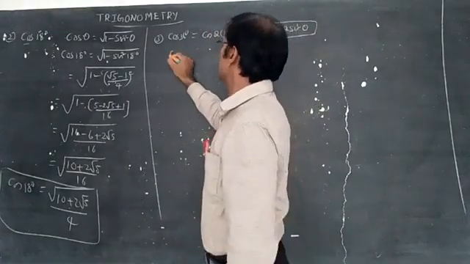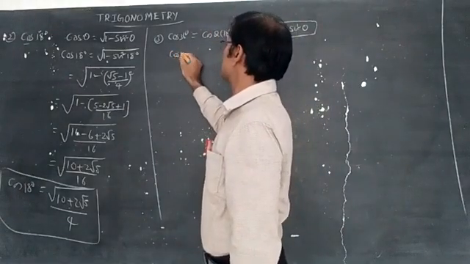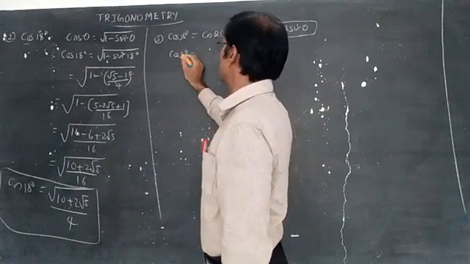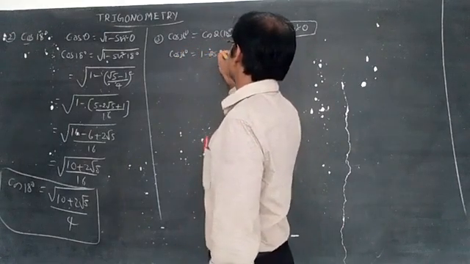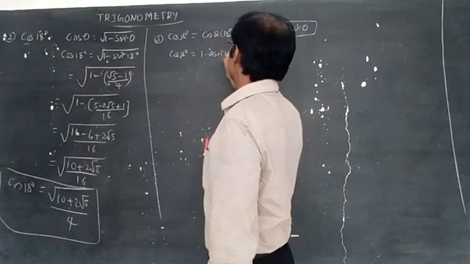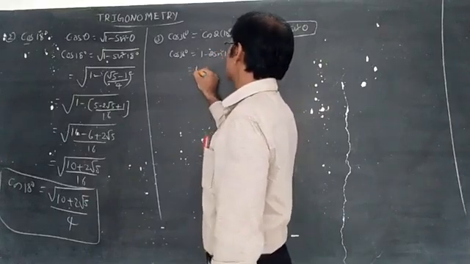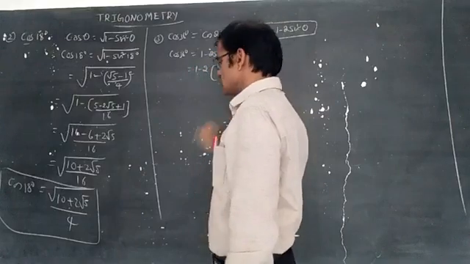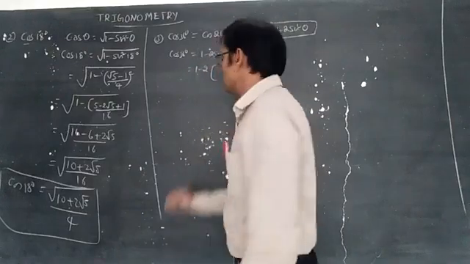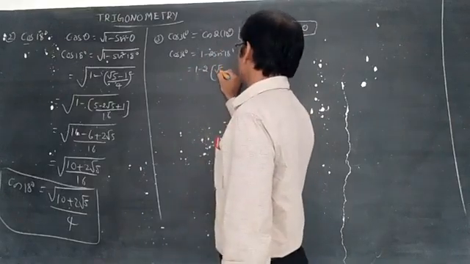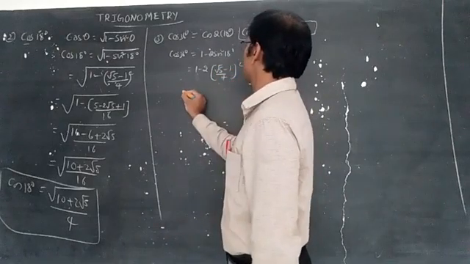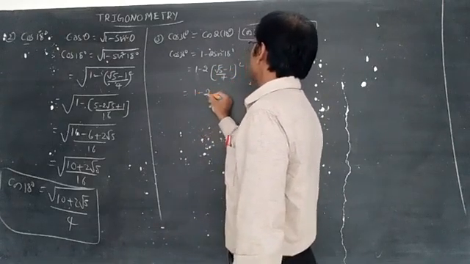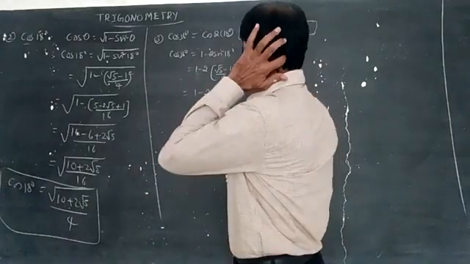Now you can write this: cos 36 degrees is equal to 1 minus 2 sin square 18 degrees. That is equal to 1 minus 2 into the sin 18 value, (root 5 minus 1 by 4) whole square. So I am writing the 1 minus cos 2 theta formula.